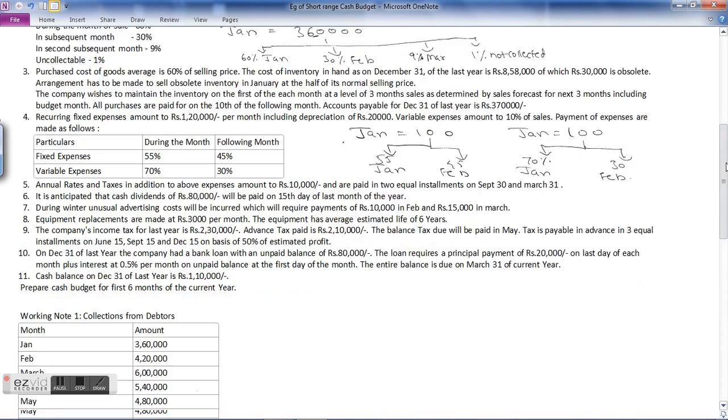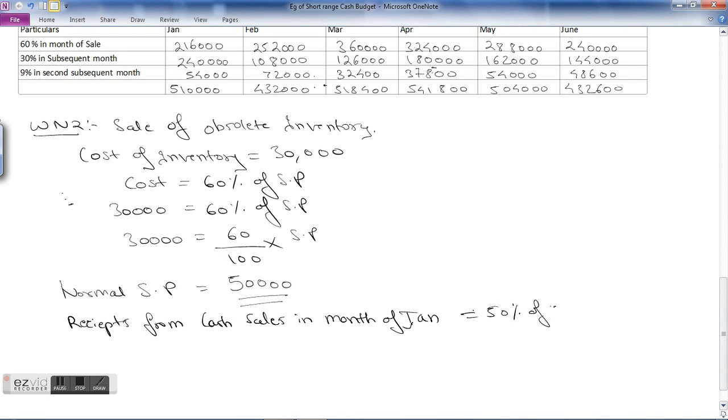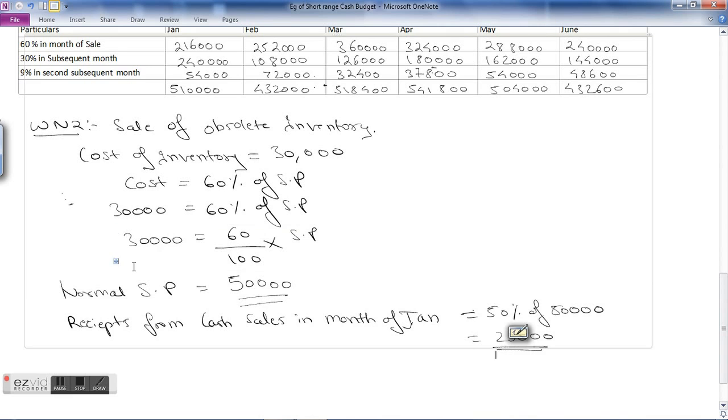Okay, and in the month of Jan, so cash receipt, there will be receipts from cash sales in the month of Jan. Cash sales of obsolete inventory, so that will be how much? 50% of 50,000, so that comes to 25,000. Okay, so this is how you prepare a working note for sale of obsolete inventory.